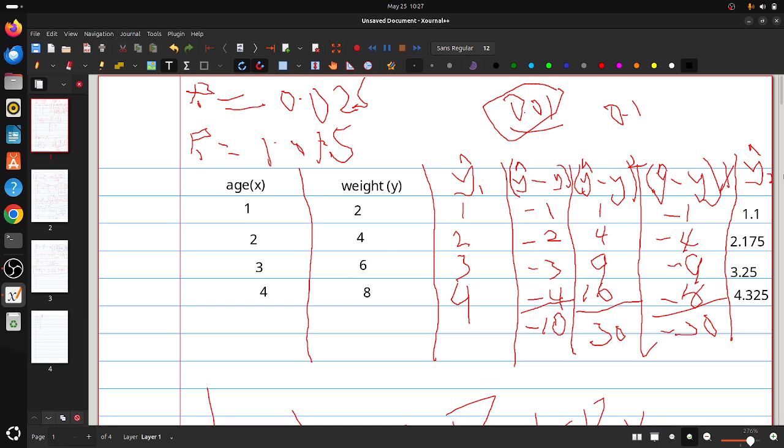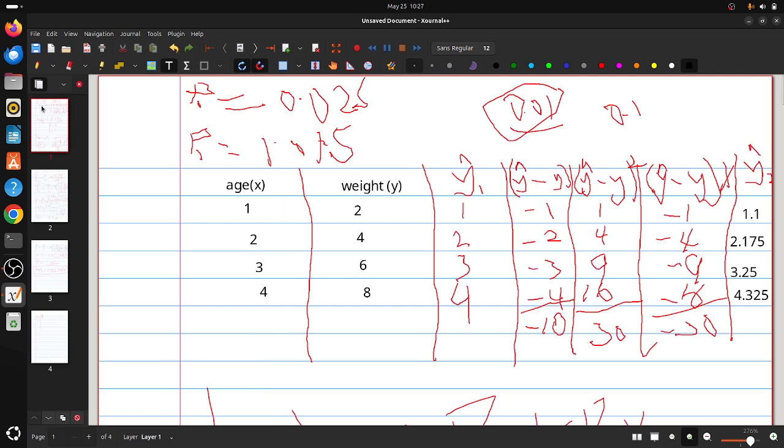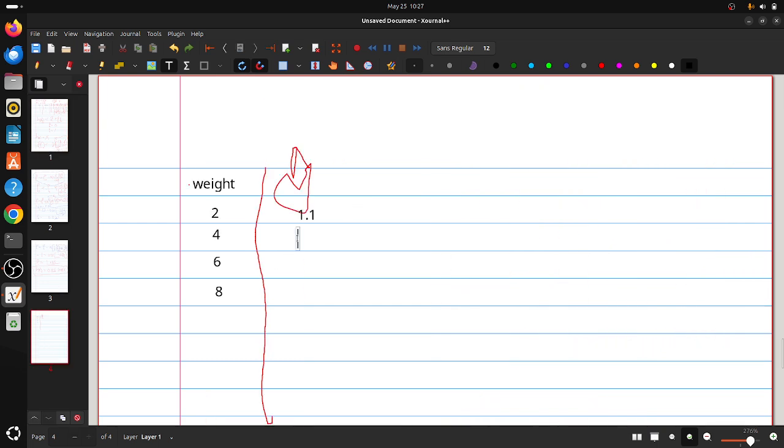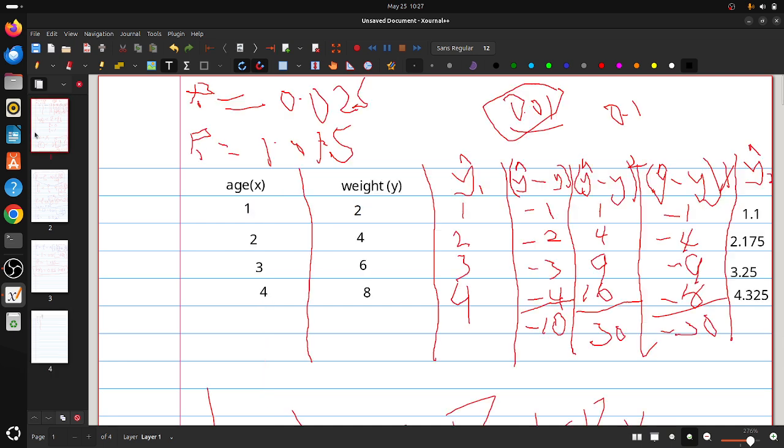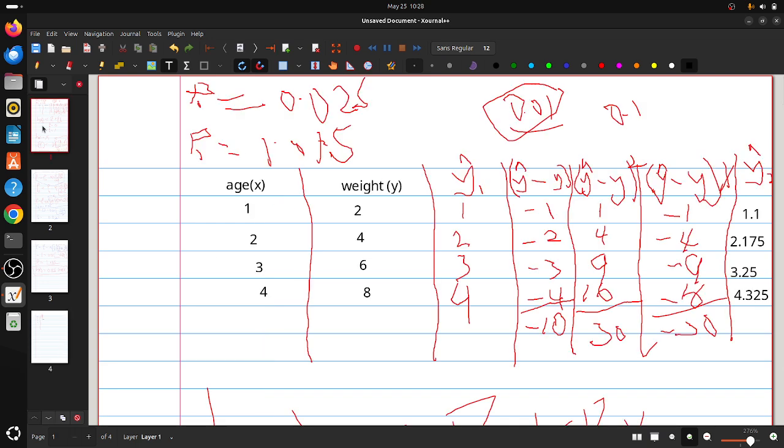And this is 1.2, 1.1, here I have 1.1, this is, let me see, 2.175, then 3.25, and the last one is 4.325.